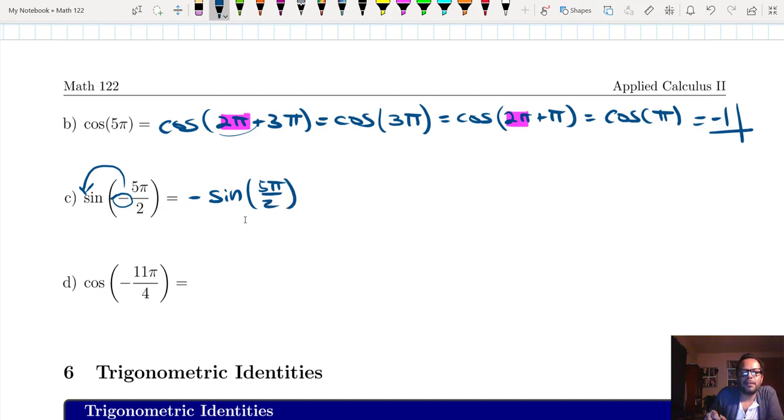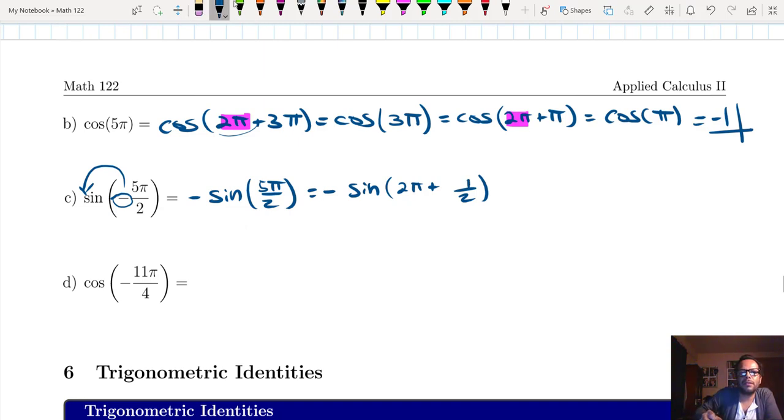Now, this is negative sine of 2 pi plus what number equals 5 pi over 2? This is pi over 2. If you do 2 times 2, that's 4, plus 1 is 5, right? That's another way to decompose the number.